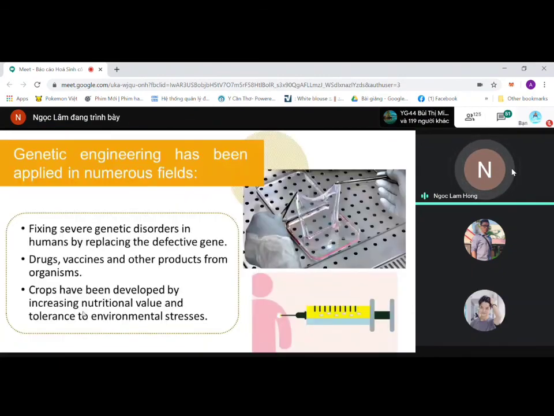And genetic engineering has numerous fields, like fixing severe genetic disorders in humans, making vaccines and other products from organisms, and in crops for nutritional value and tolerance to environmental stress.